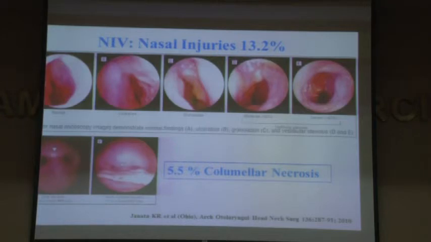Necrosis of this part of the nose. So be very, very careful when you are doing non-invasive ventilation, especially in the micropreemies. You cannot put any pressure on the septum or on the columella. So they reported 5.5% incidence of columellar necrosis in babies on CPAP after just 12 days, and 13% incidence of granulation tissue or blockage of the nostrils.